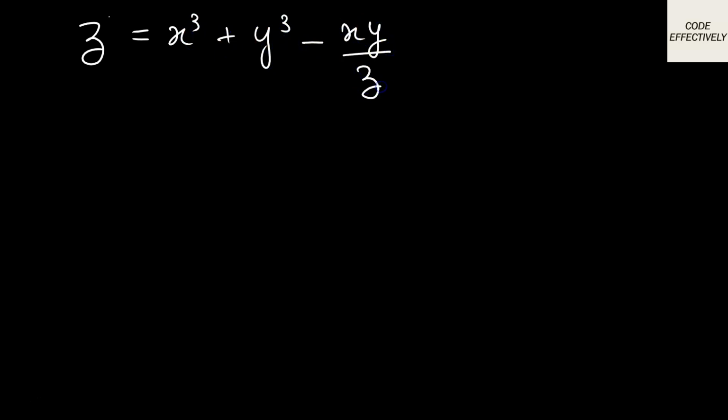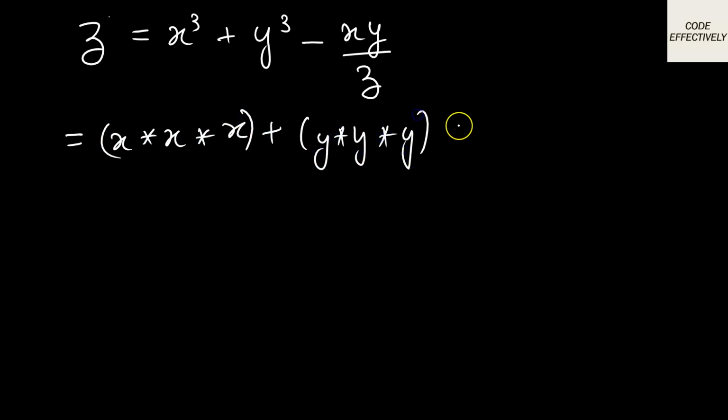After that, we have another question, a tricky one. z is equal to x cube plus y cube, and then x y divided by z. Now some people will write x into x into x in the entire bracket, then plus y into y into y, and then they will put x into y divided by z.